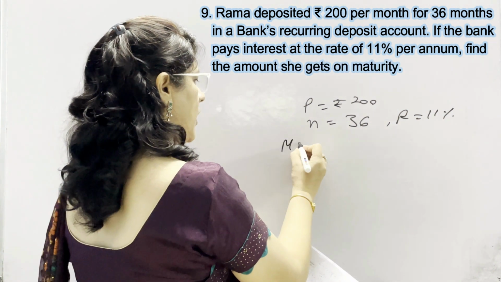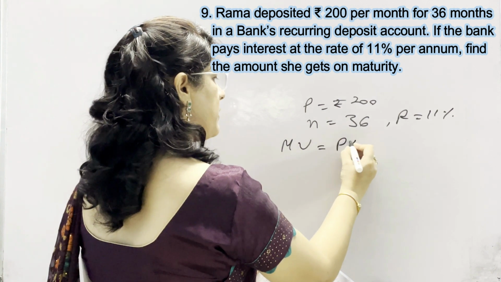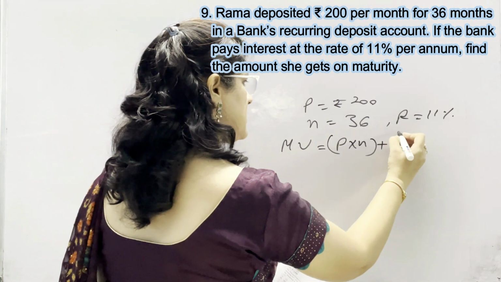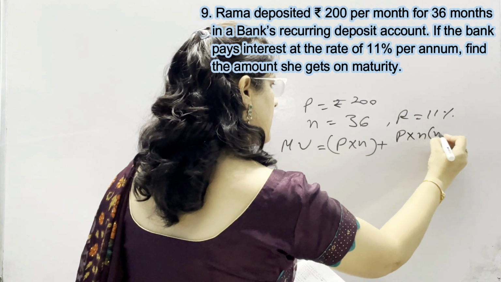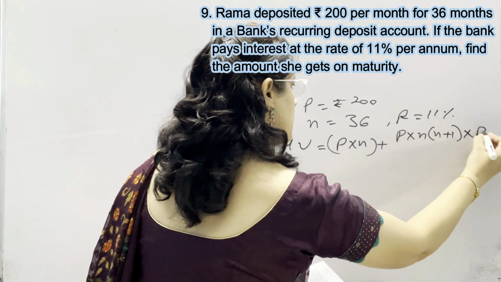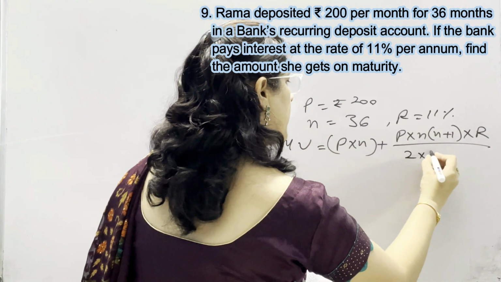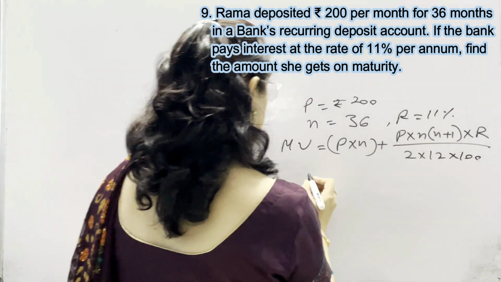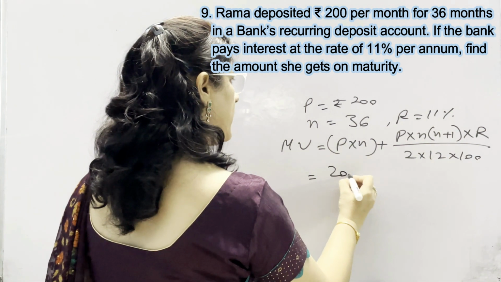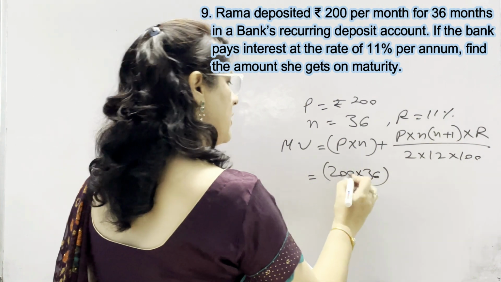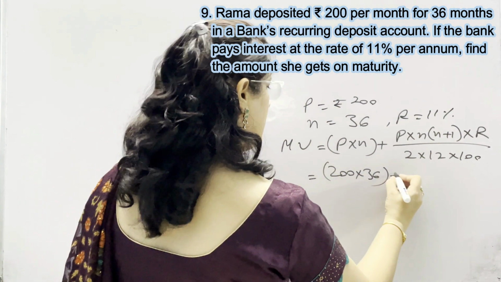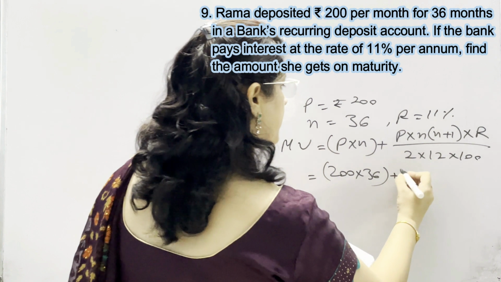Now we know the formula of maturity value. It is P into N, plus P into N, N plus 1 into rate divided by 2 into 12 into 100. So P into N is 200 into 36, the actual amount of money the customer has paid.